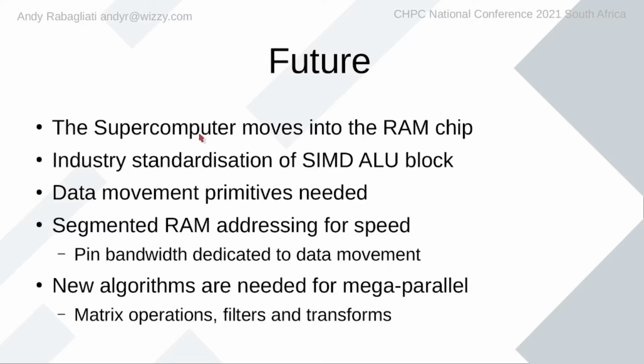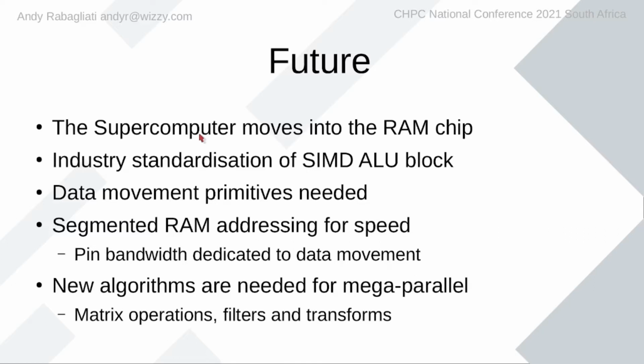We need some data movement primitives in order to investigate how things like matrix operations are going to be done on a machine like this, and we can look at tweaks for speed that will allow us to use the pin bandwidth on the memory chips themselves exclusively for data movement, where the data processing can happen in parallel while the data is being moved in and out.